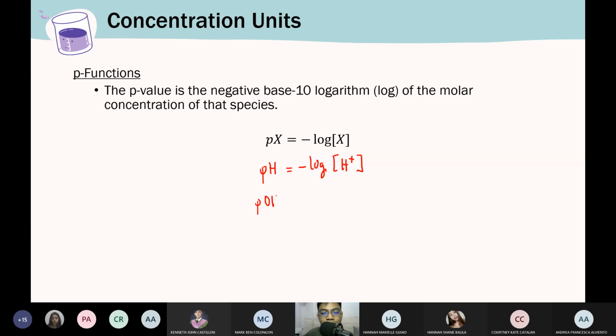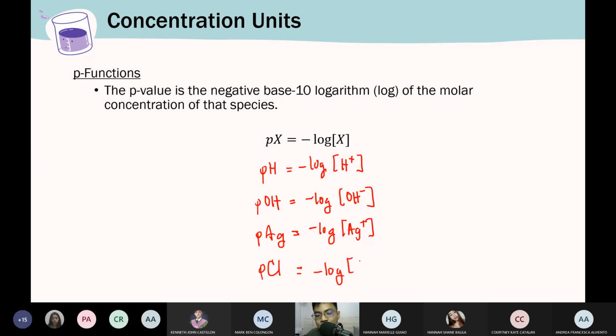If you are looking for the POH, that's the negative logarithm of the OH concentration. If you are looking for the PAG, that's the negative logarithm of AG concentration. You are looking for the PCl, that's negative logarithm of the Cl concentration.